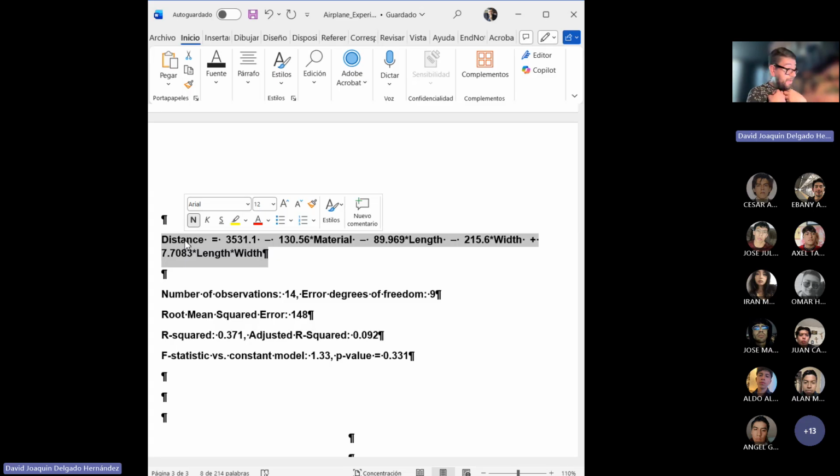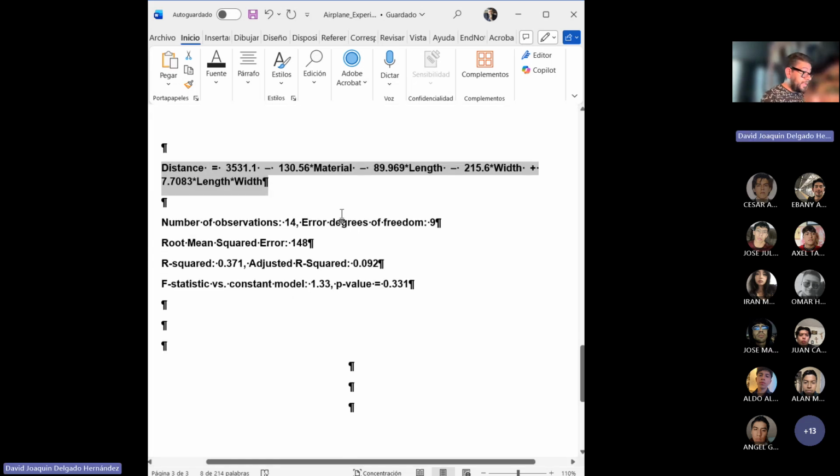And because my algorithm has this model, I can predict exactly how far this airplane is going to fly. That is the idea, okay? And that's why I have to design an experiment very, very well.